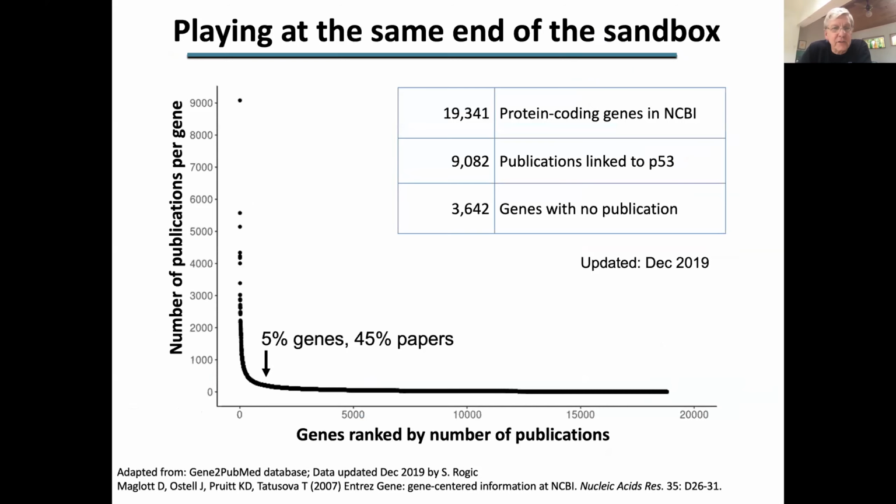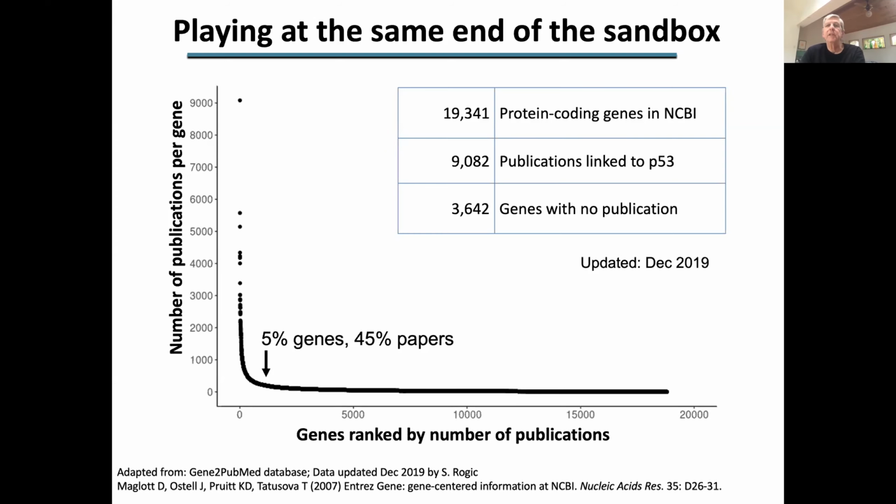And this is just a figure that points out the fact that we really don't know a lot about many of the genes in humans. It shows a plot of the number of publications per gene. And of course, there are a few genes like P53 for which there are 9 to 10,000 publications, but there are 4,000 genes for which there are no publications. And about half the papers in the literature only account for about 5% of the genes.